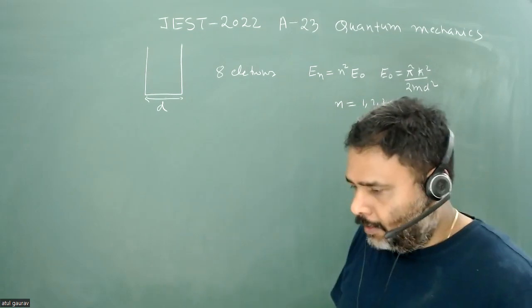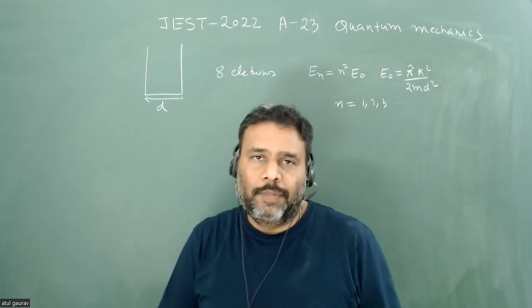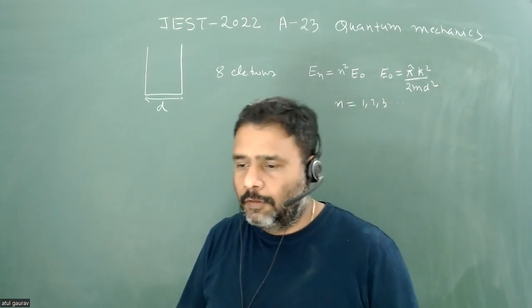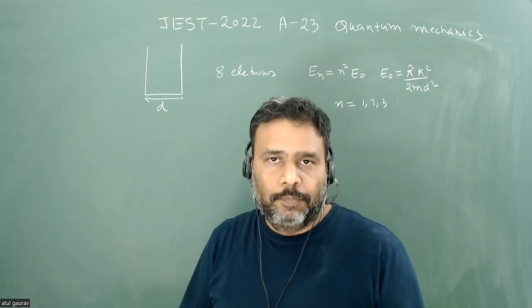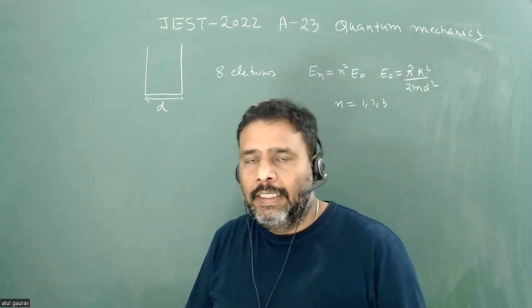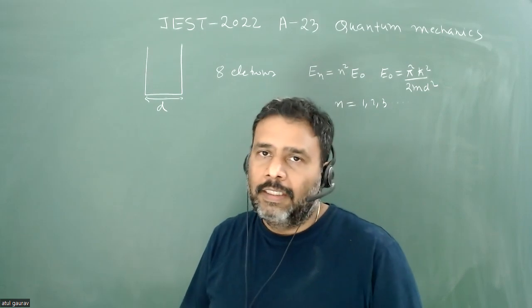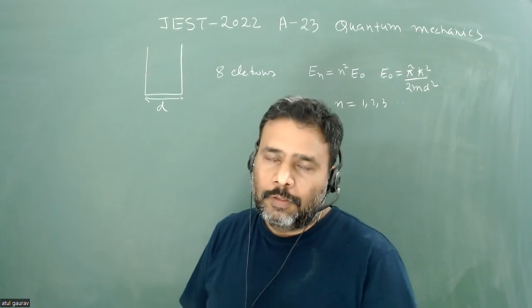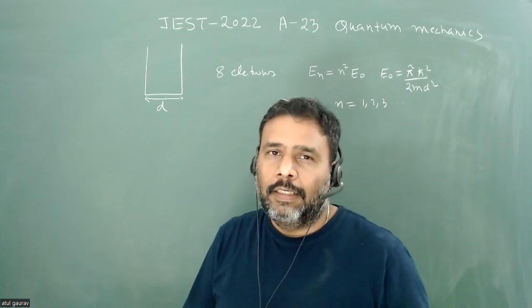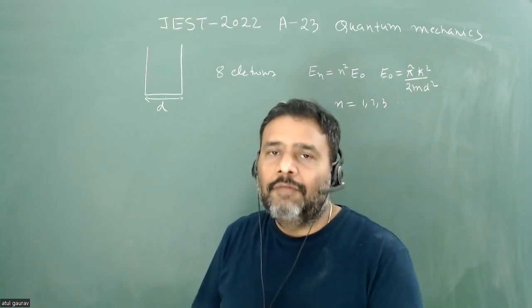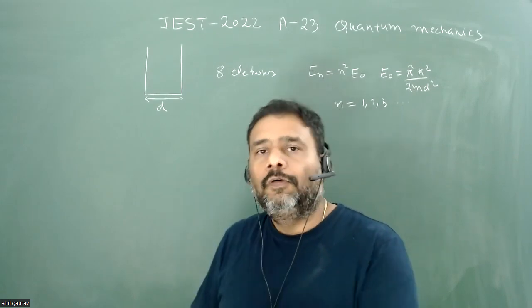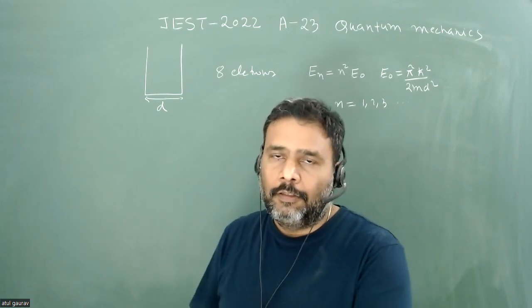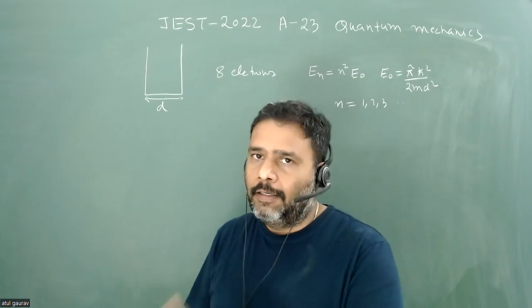And when we include the spin of a particle, hence electron is a fermion, so the Pauli exclusion principle will apply. In each and every quantum state, only one fermion can be allowed. And due to spin half particle, each energy state can be further divided into two quantum states, with quantum number plus half and minus half.